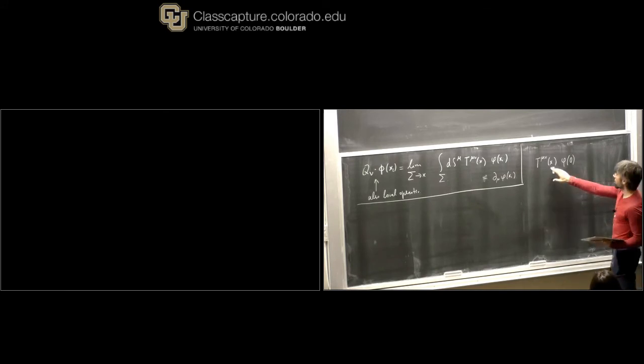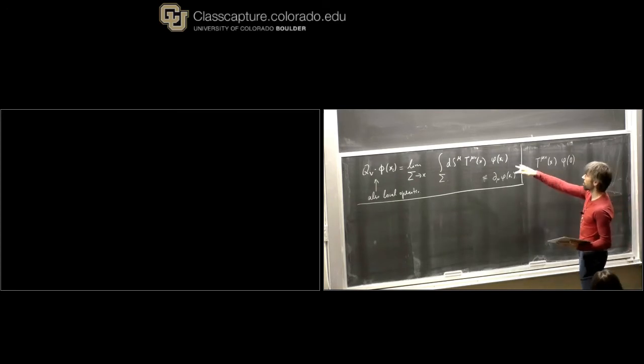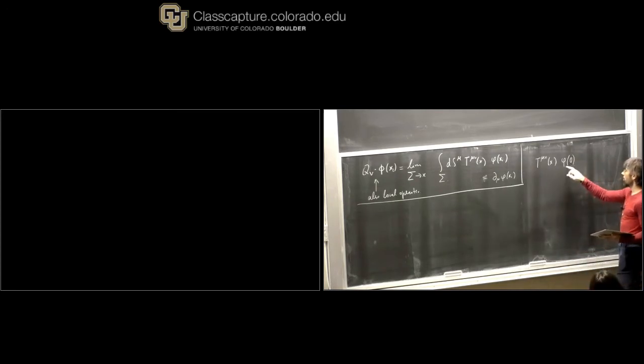So if I take x close to 0, this insertion, so I'm assuming that there are some other insertions but they're far away, this is going to be, of course, singular. And among all possible singular terms that this OPE will have, so there are going to be a bunch of singular terms, but then there has to be a term which is going to look like this, b_{μνλ}^φ(x) ∂_λ φ(0).